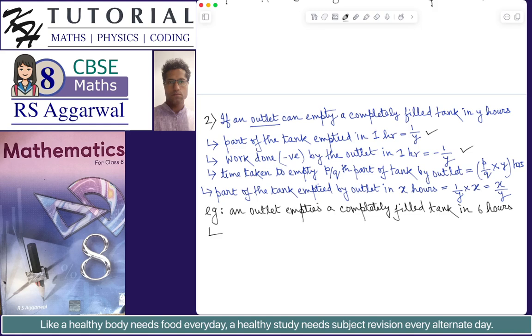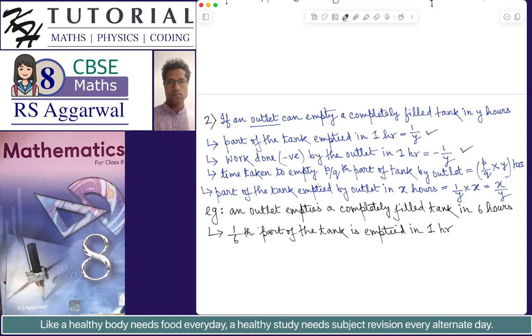So what results do we get from this fact? We can say that 1 by 6th part of the tank is emptied in 1 hour by the outlet.